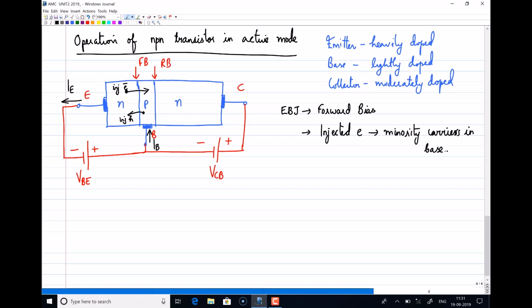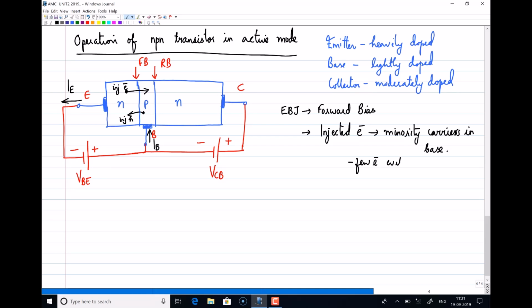And since there are free holes here, some of the electrons will recombine with holes. But since the base region is made very thin, the portion of electrons lost in recombination is very small. The emitter is heavily doped, so a huge amount of electrons will reach the base, and few will be recombined there, but since the base region is very thin, the number of electrons lost in recombination is small.